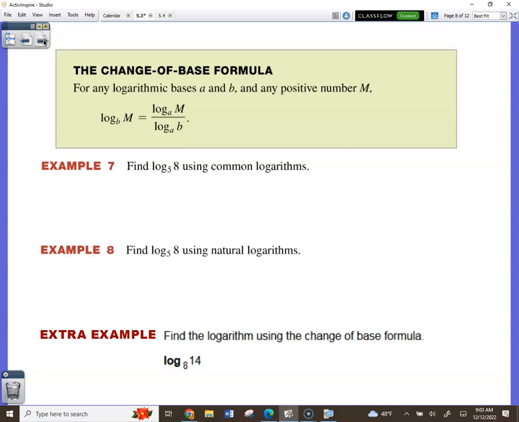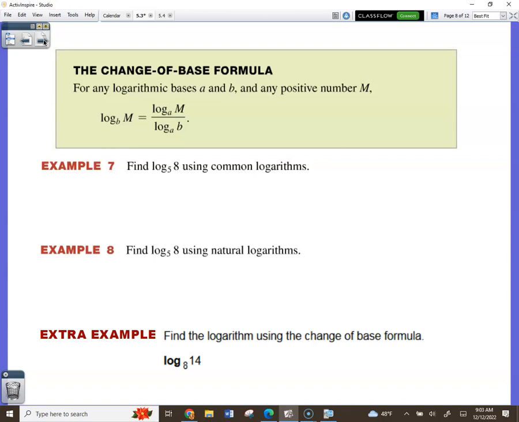Let me explain the change of base formula, and then I'm going to show you a corny little way to remember it. Let's say you have some log, base b, not 10, just base b, of m.